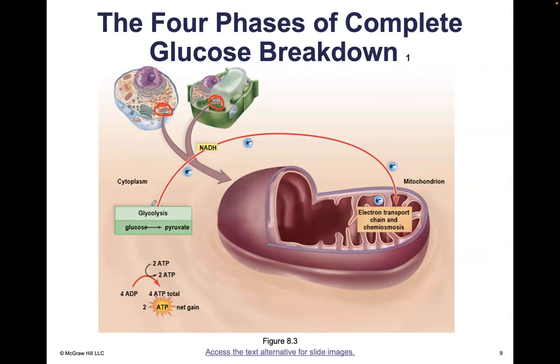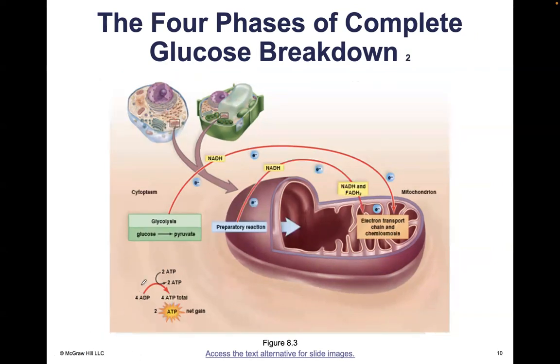The first thing is glucose is broken down to pyruvate. In the process of doing this, it produces what? 4 ATP, as I mentioned to you, and you have a 2 ATP net because 2 were used in the beginning. Now the second reaction, which is a preparatory reaction, produces electrons.